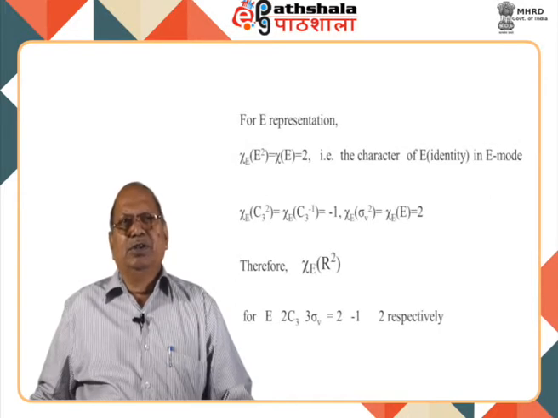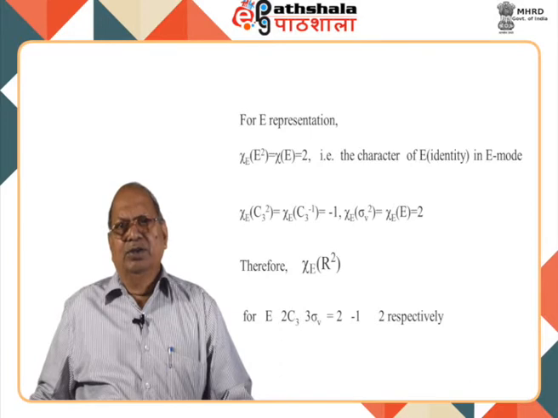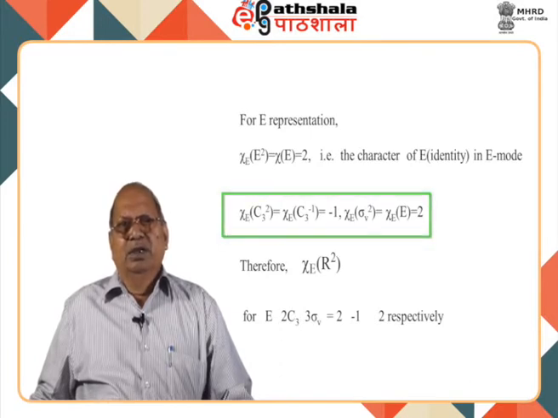For E representation, chi_E(E^2) is equal to chi_E(E), which is 2. That is the character of identity in E mode. Here E mode and identity should not be confused with each other. Chi_E(C3^2), that is chi_E(C3^-1), is equal to minus 1.